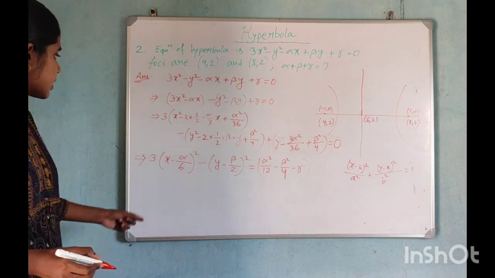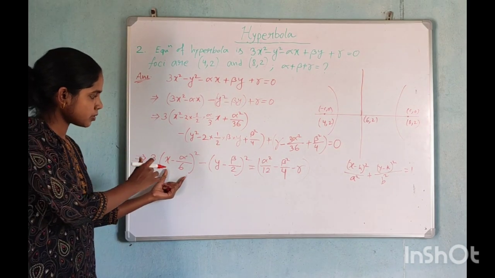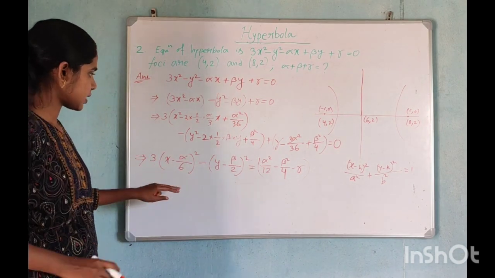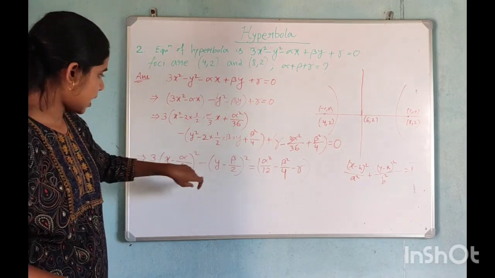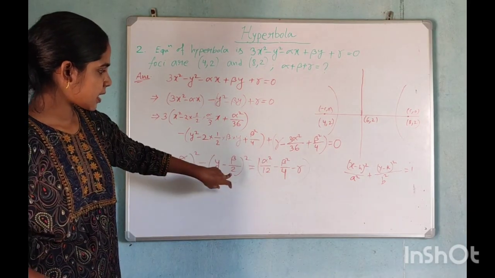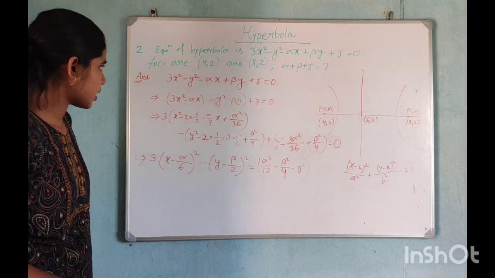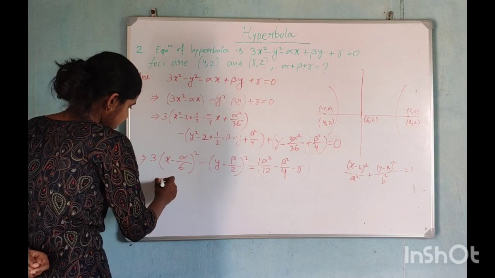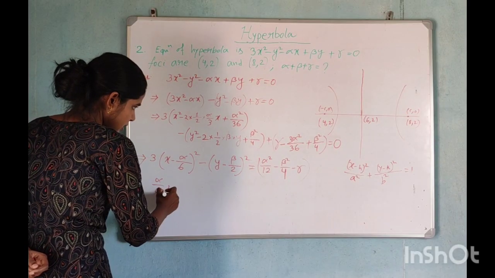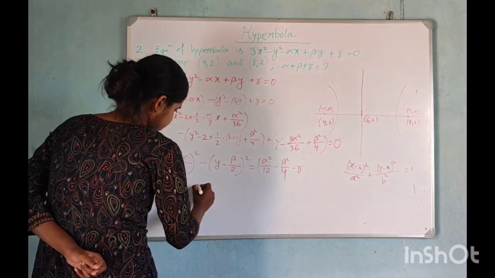Now obviously we can see one thing, that here the center is basically h is alpha by 6 and k is beta by 2. So we can use this and then simplify it. Alpha by 6 comma beta by 2 is our center.